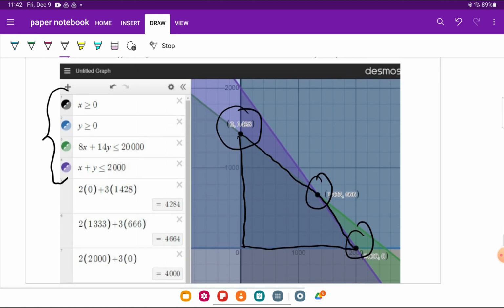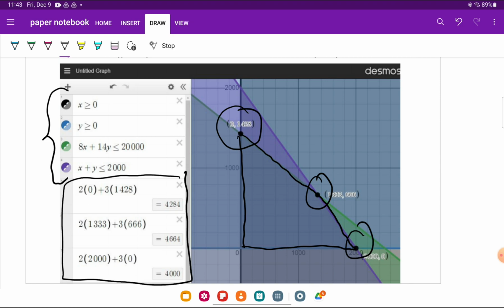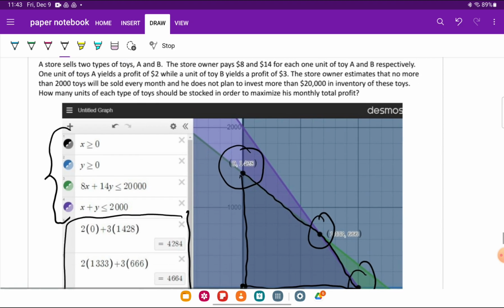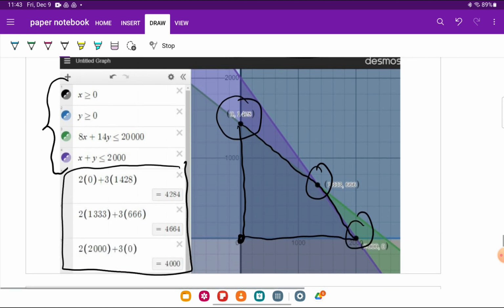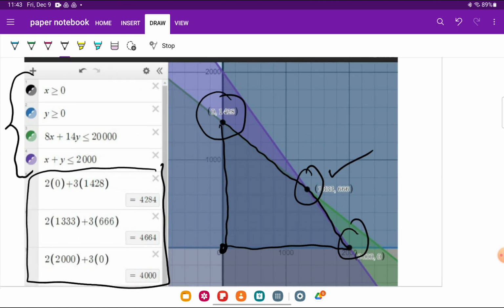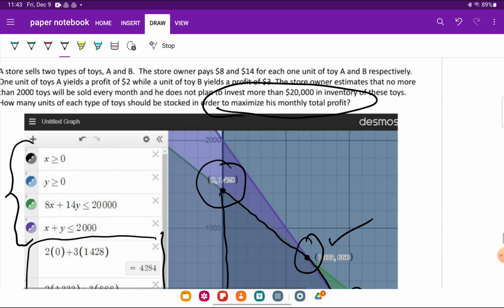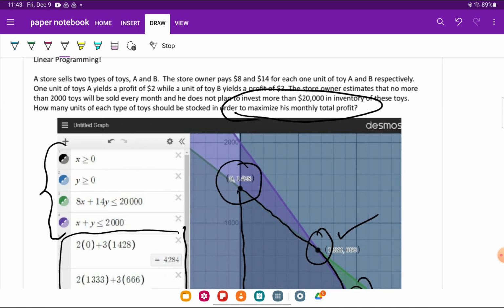And so when we evaluate here, we didn't try 0, 0 because the question's asking to maximize profit. We find that there's our ordered pair that in context is telling us how many of toy A and toy B this particular problem needs to maximize his profits.